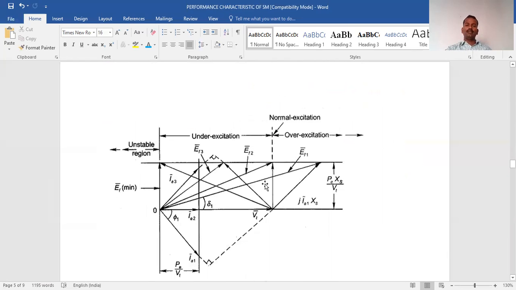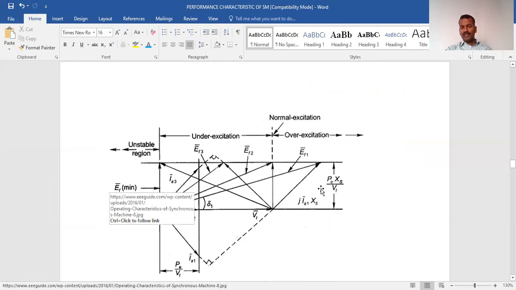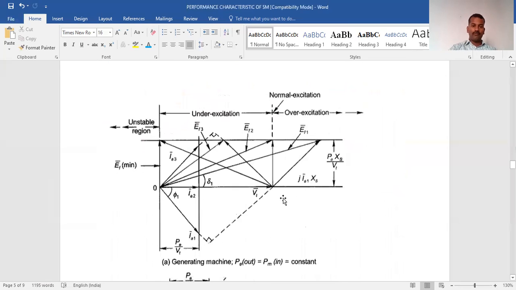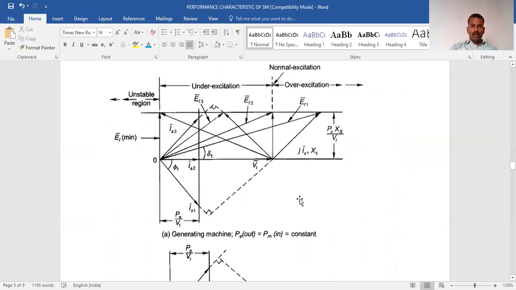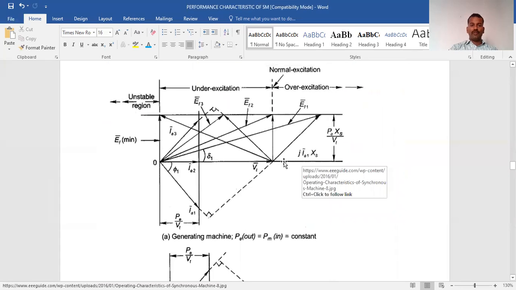This same thing has been represented and explained in that animated GIF video. You can see here this is the VT, and in the normal condition the excitation is EF2, under excitation is EF3, and over excitation, the excitation voltage will be EF1.